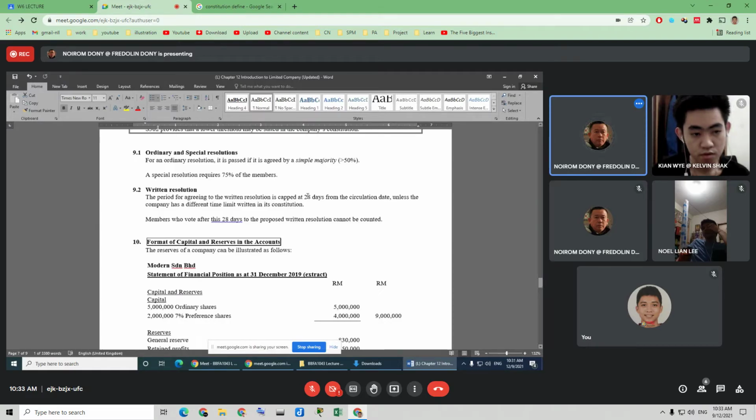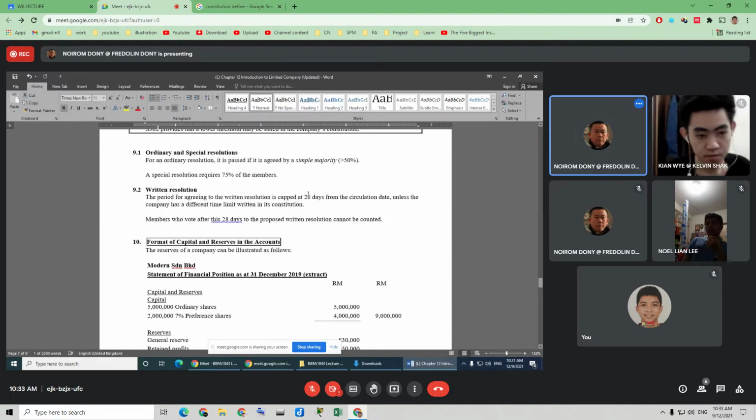So a member who votes after this 28 days on the written resolution cannot be counted. For any resolution that needs to be in writing for a private limited company, if you vote after 28 days, your vote will not be counted.